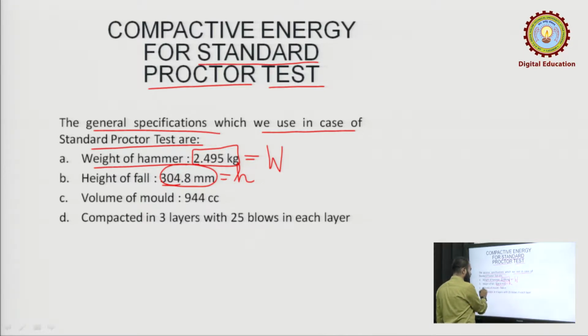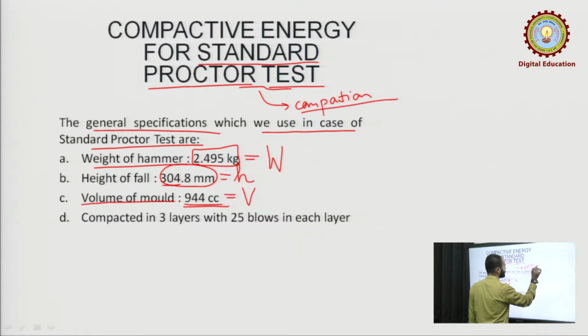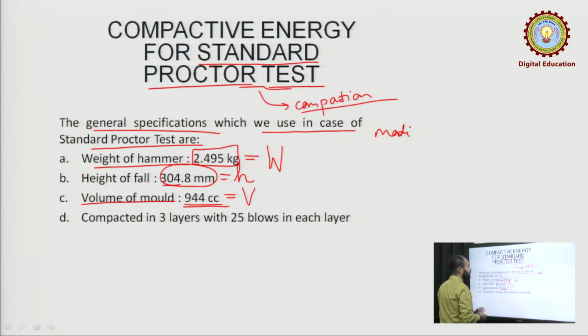Then the volume of the mold, V, is 944 cc. This test was actually conducted by a scientist to find out the compaction. He first carried out the standard test, then also the modified test, which we will study later.